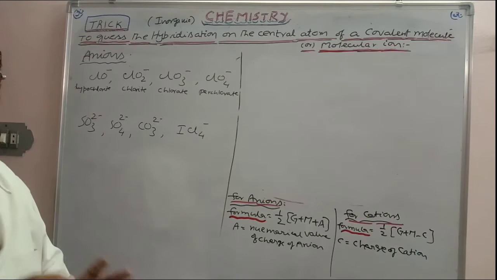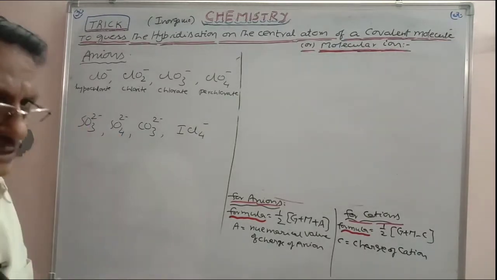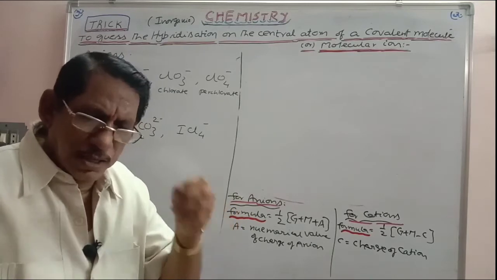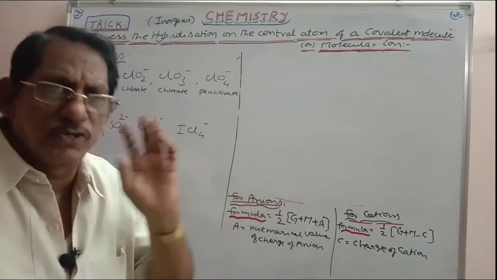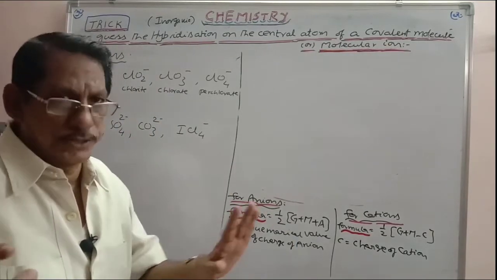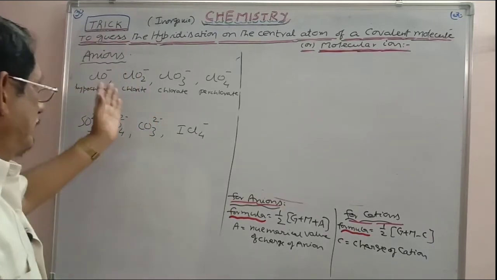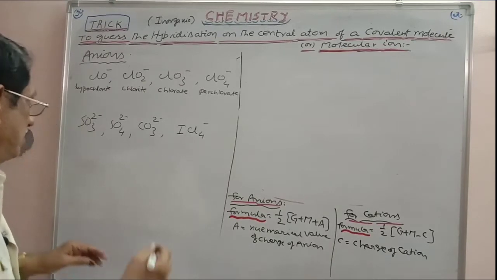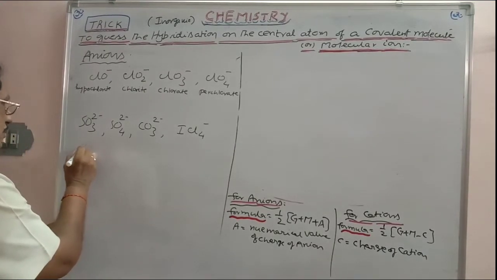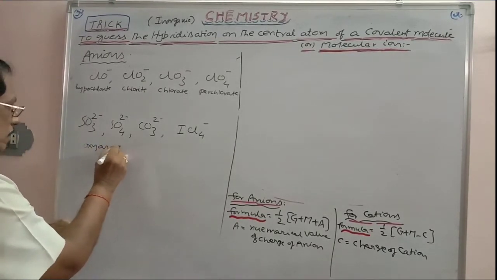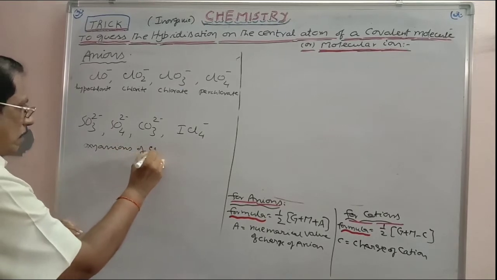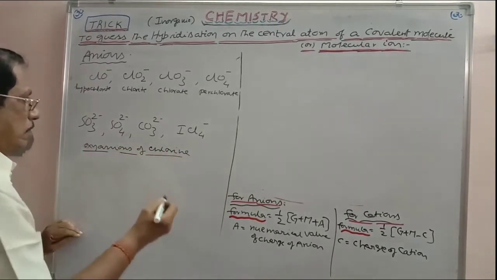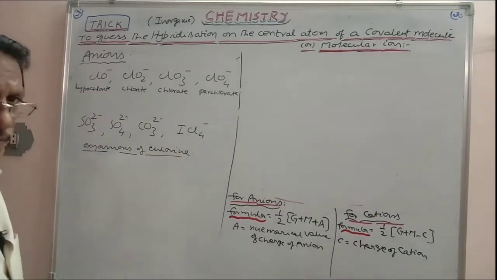You need not count the surrounding atoms because they are divalent. That means hybridization depends upon the group number of the central atom only, plus charge. All these are carrying only the same charge, -1, -1, -1. So what is the formula here? In the case of oxyanions of chlorine, in all the cases, same hybridization exists.